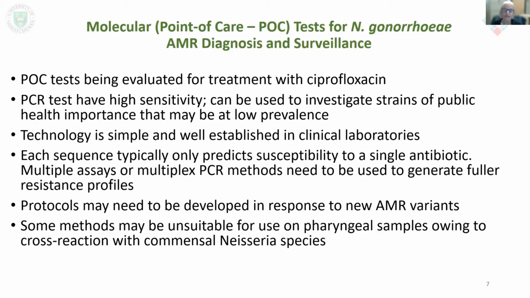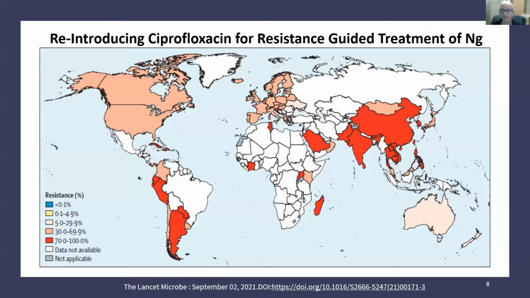If one has a resistance determinant for which only a few single nucleotide polymorphisms are required, then the accuracy of the test, in other words, the correlation of the test with phenotypic resistance, improves considerably. However, protocols will have to be developed in response to new AMR variants, and some of these tests are unsuitable for use on pharyngeal specimens, owing to cross-reaction with commensal Neisseria species.